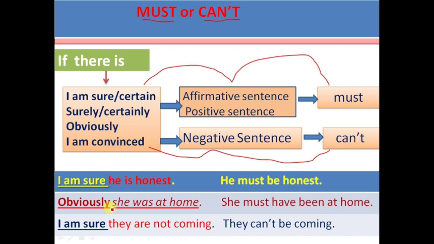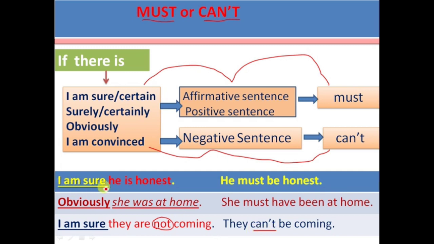Similarly, obviously she was at home. Obviously, 100%, sentence is positive, therefore must. Similarly, I'm sure they are not coming. See here, I'm sure, 100%, but the sentence is negative, therefore can't.